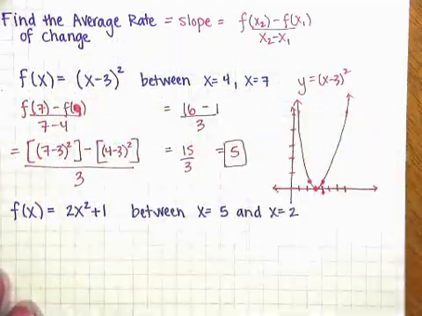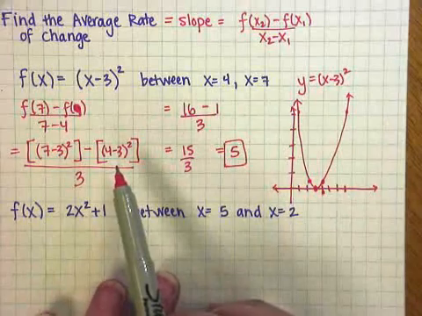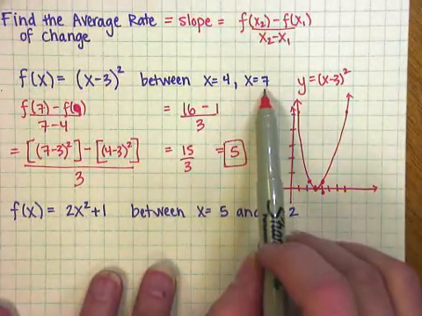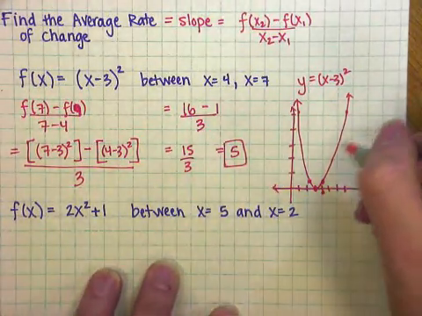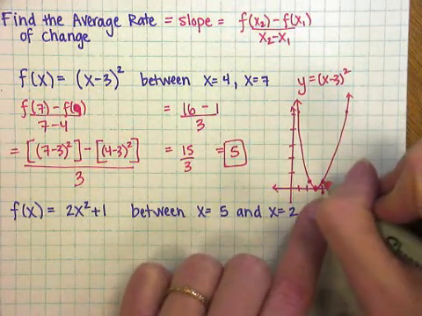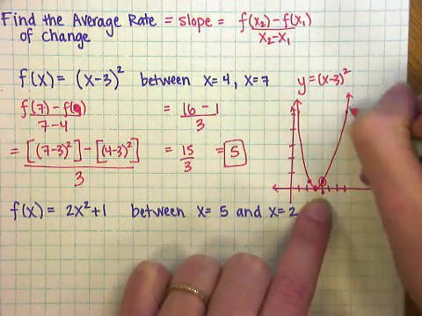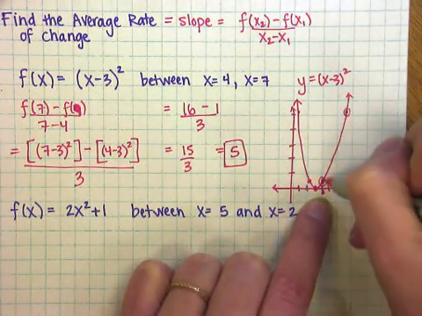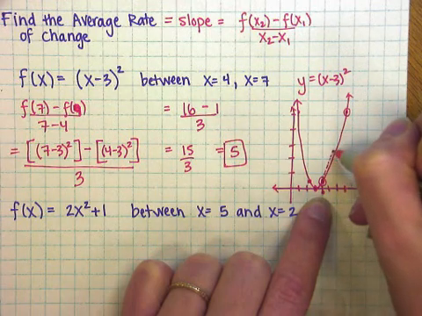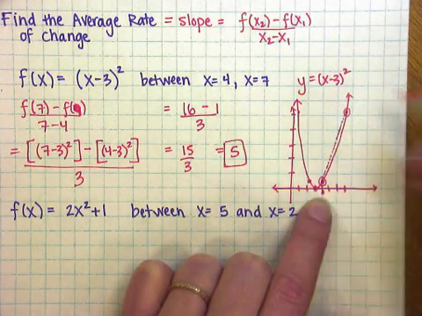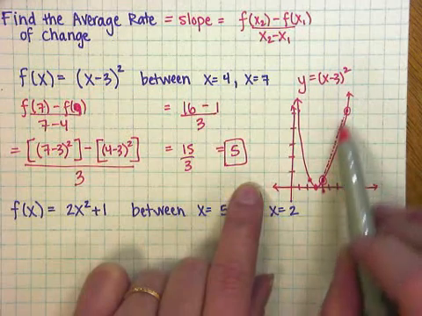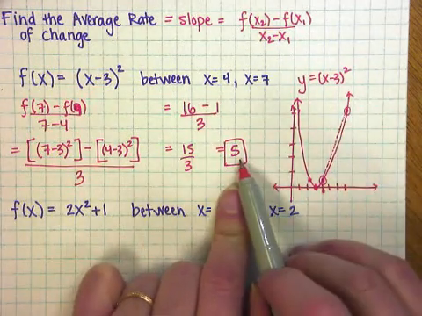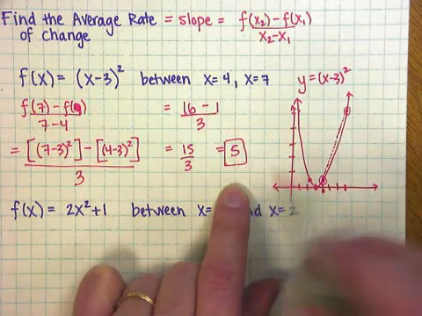And now the average rate of change, remember, is just the slope between x equals 4 and x equals 7. So when x equals 4, we're right here, and when x equals 7, we're right here. And I'm just trying to find the slope between those two points. Well, to verify, this is an increasing slope, so a positive slope looks right for my average rate of change.